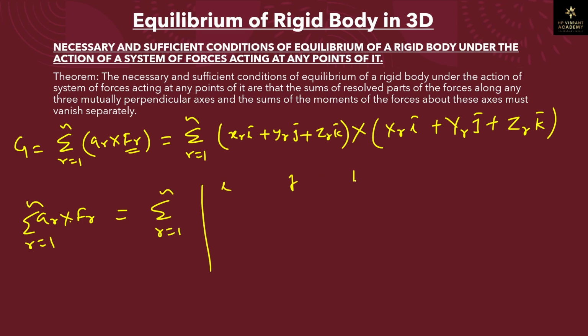This is I, J and K; this is XR, YR, ZR; this is capital XR, capital YR, capital ZR.